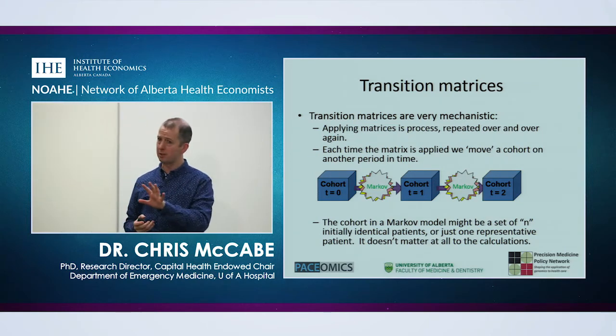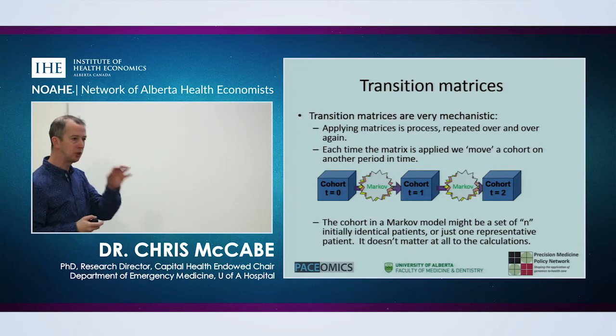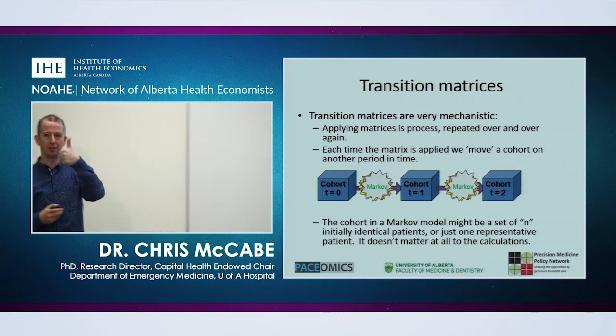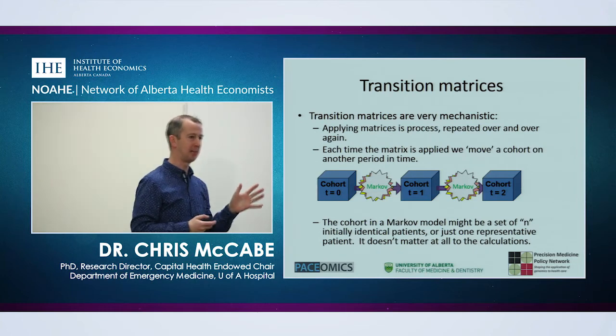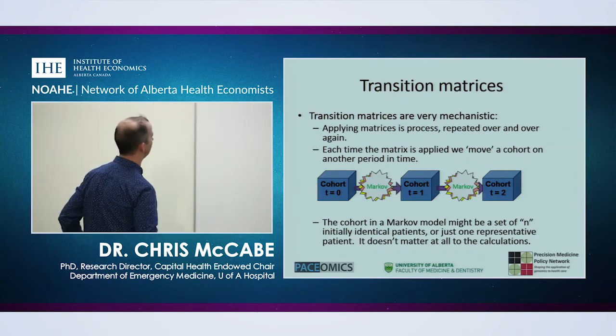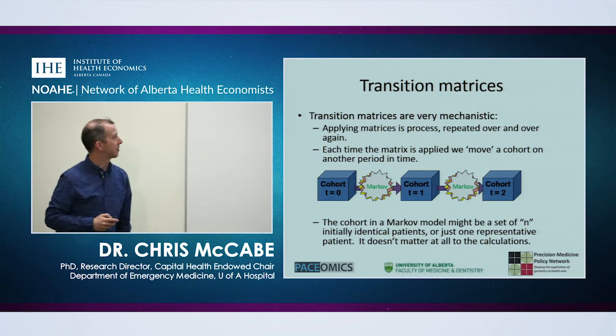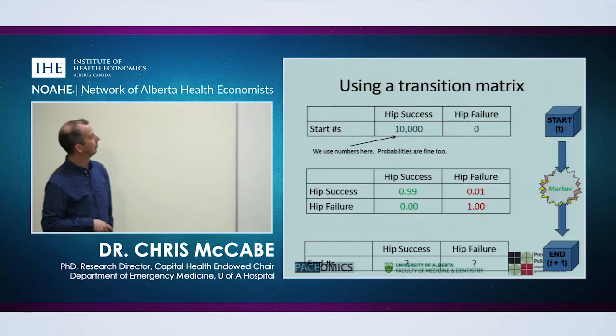But if you're not interested in total budget impact, then you can just put in one patient. You can have a cohort of 1. You will get exactly the same answer for the expected value. So it doesn't matter to the calculations at all.